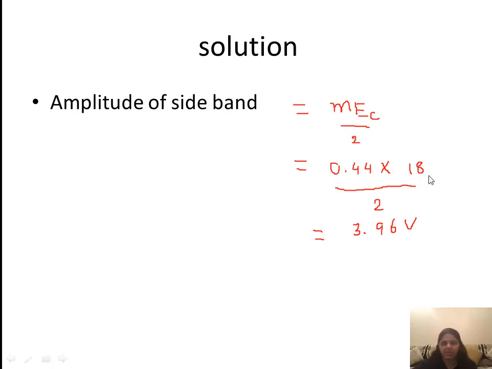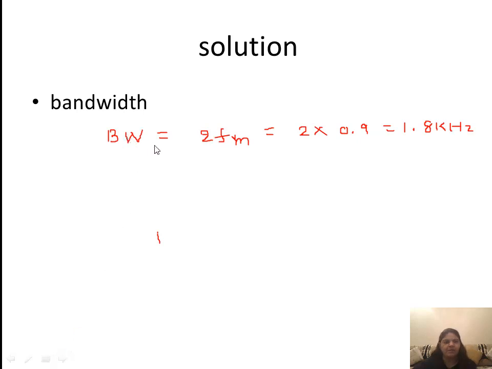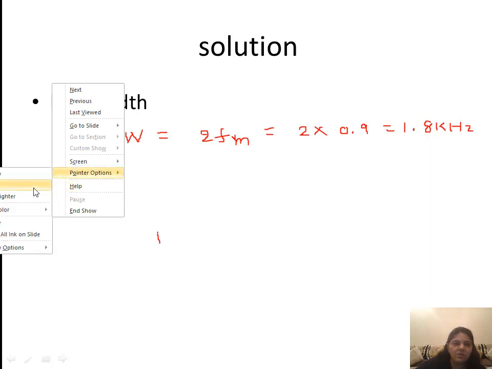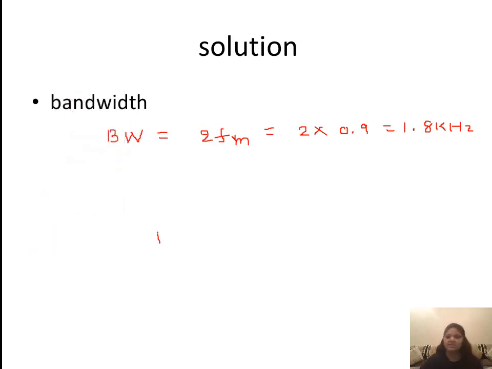Bandwidth: what is the bandwidth? We can find it like this: it is twice Fm. We know that bandwidth is the range of frequency, the higher frequency minus the lower frequency. The higher frequency is Fc plus Fm, and the lower frequency is Fc minus Fm.